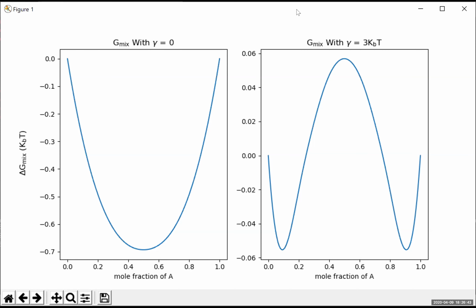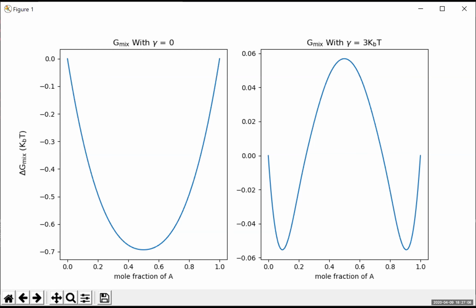To better understand what gamma actually is, how it affects the energy, and how it affects phase separation, remember that gamma is a measurement of the difference in energy between the interactions of pure types, like an A and A interaction and a B and B interaction, and mixed types, which is an A and B interaction.